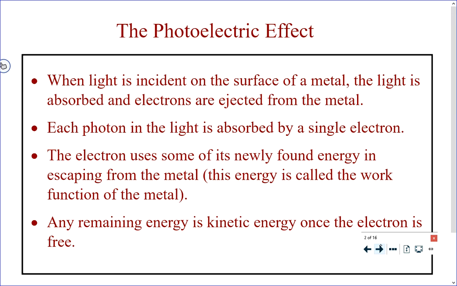The photon, which is just a little bundle of pure electromagnetic energy, was absorbed by the electron, and that means the electron has that energy. The electron will use some of the energy that was given to it by the photon to escape from the metal, and that cost of freedom is what we refer to as the work function of the metal.